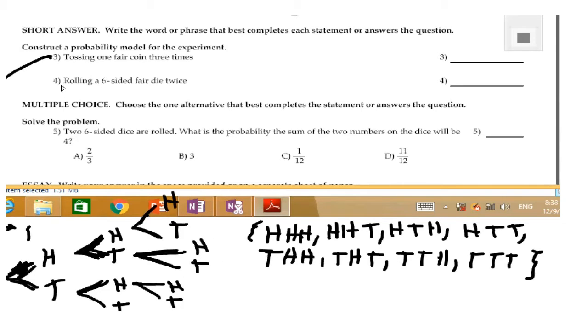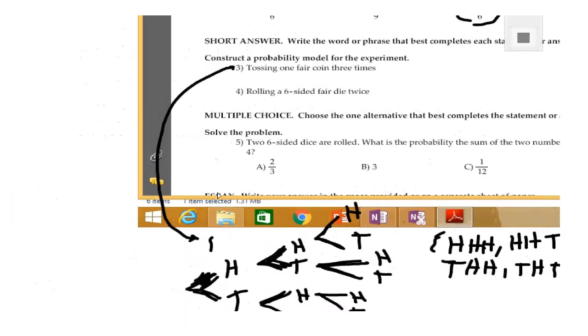And number 4, rolling a dice fairly twice. The best thing is not to draw a tree map. The best thing for this one is to draw 2 perpendicular lines, one vertical and one horizontal.